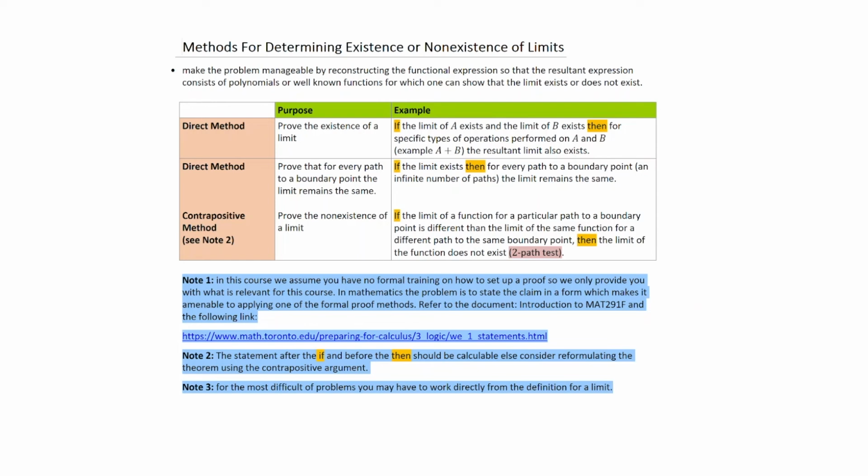All right, let's take another example, direct method. Here would be: prove that for every path to a boundary point, the limit remains the same. If I were to write this out in a classical if and then statement, I would say, if the limit exists, then for every path to a boundary point, an infinite number of paths, of course, the limit remains the same.